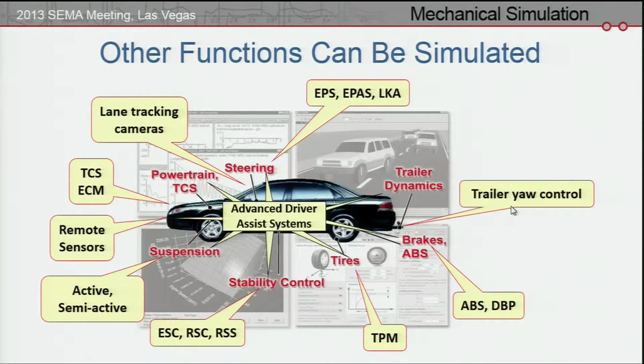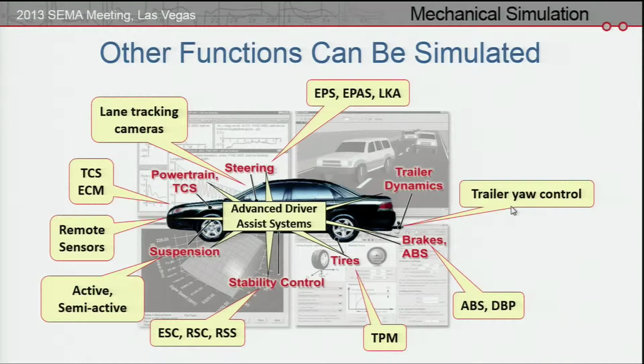But it can be used in lots of other ways. The issue is that cars are extremely complex in these times. I have shown here a car that has a number of control systems associated with electronic power steering or electronic power assist or lane keeping assist, or some of you may be familiar with the trailer yaw control things that are being done now with pickup trucks.